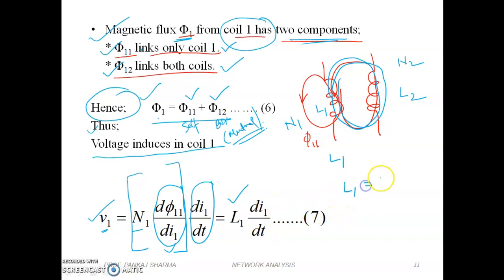Replace this whole thing with L1. So lastly V1 is L1 into di1 by dt. Call this equation number 1.